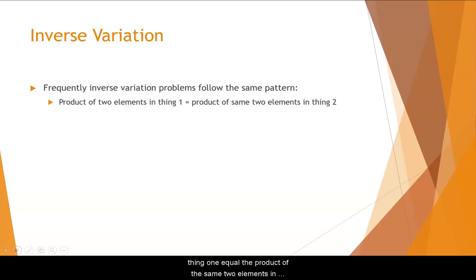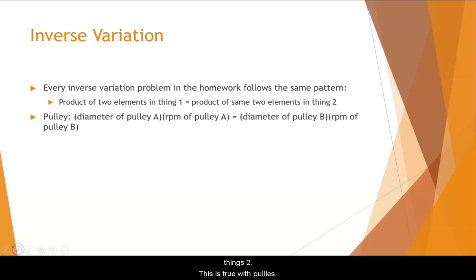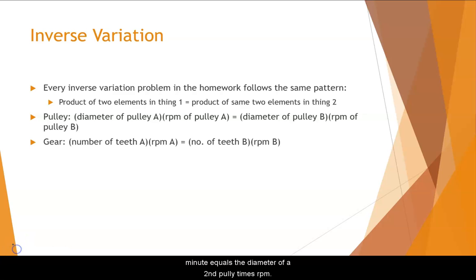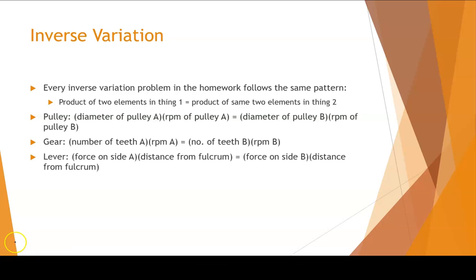Product of two elements in thing 1 equals the product of the same two elements in thing 2. This is true with pulleys. The diameter of a first pulley times the revolutions per minute equals the diameter of a second pulley times revolutions per minute. The number of teeth in a first gear times the revolutions per minute equals the same thing in the second gear.